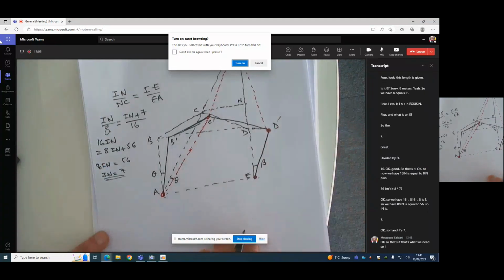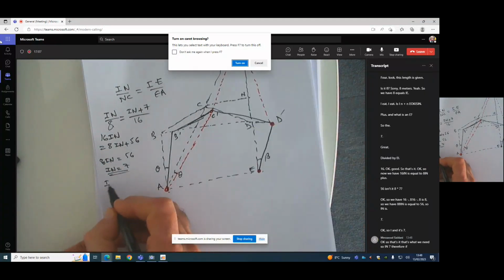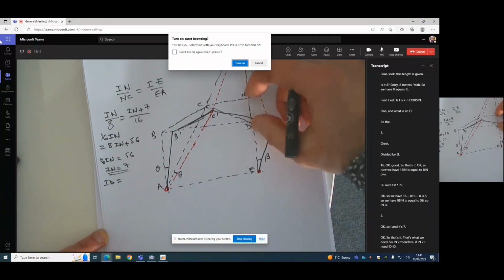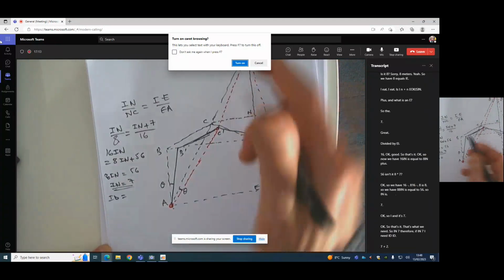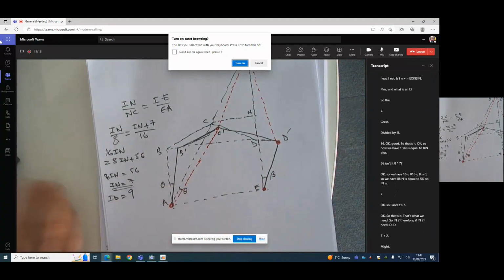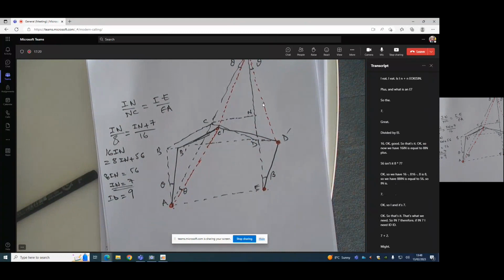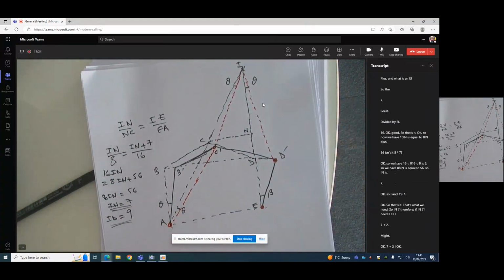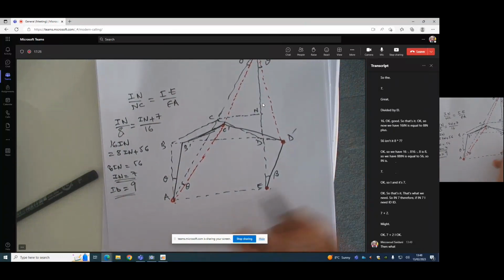Okay. So that's what we need. So IN is 7. Therefore, if IN is 7, I need ID. ID is 7 plus 2, 9. Okay, 7 plus 2. Then what is DD dash?